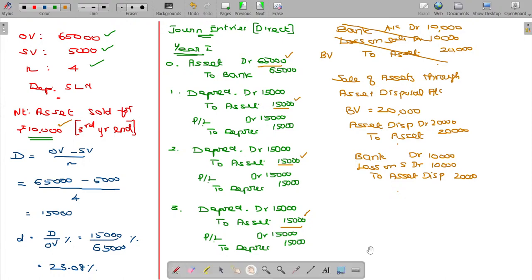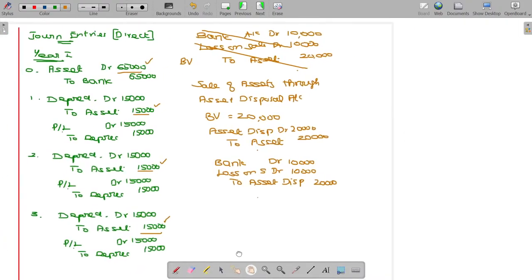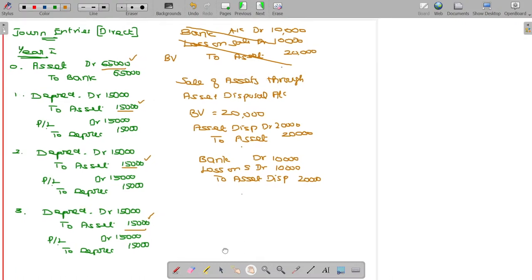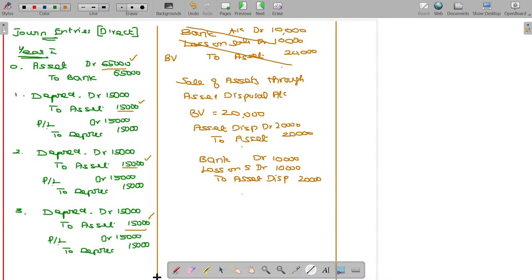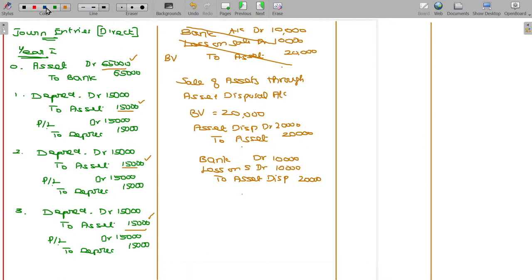Now we can post that in the ledger also. Now the asset account.